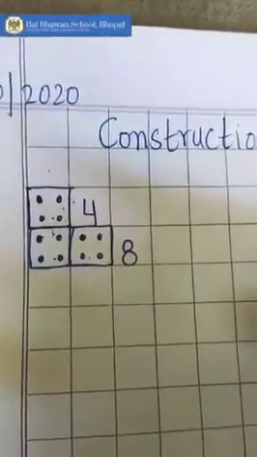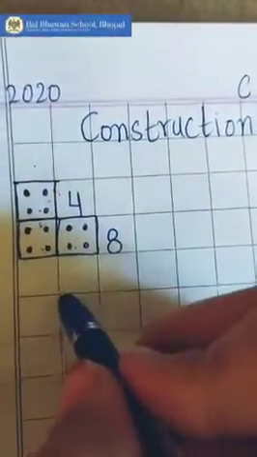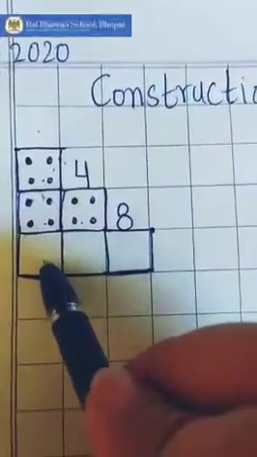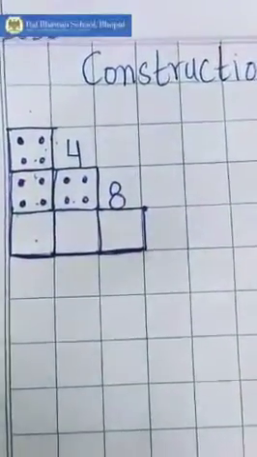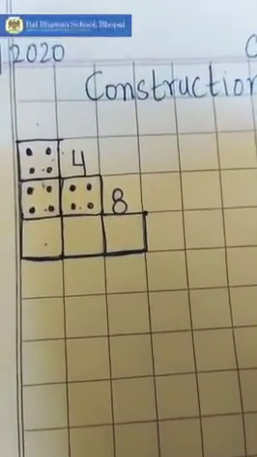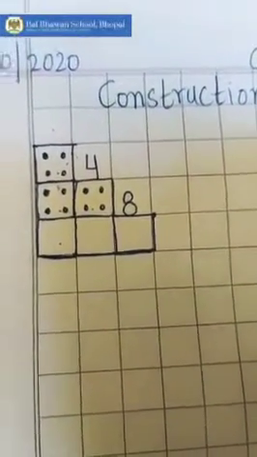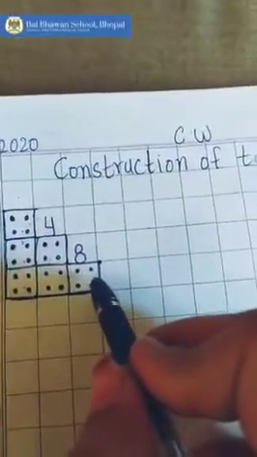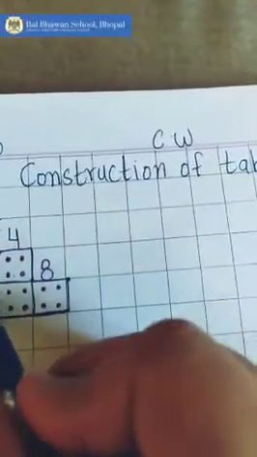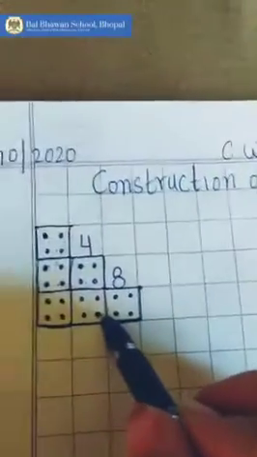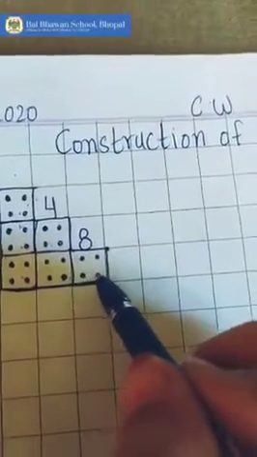Now after 2 boxes, how many boxes we will draw? 3. 3 boxes or 3 squares. Okay? And in these 3 boxes, you have to draw how many dots? 4 dots in each square or box. After drawing the dots, let's count them. 1, 2, 3, 4, 5, 6, 7, 8, 9, 10, 11, 12.